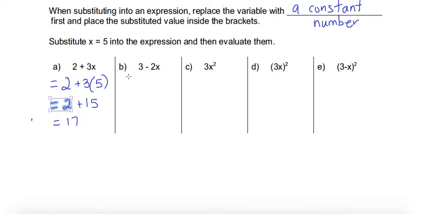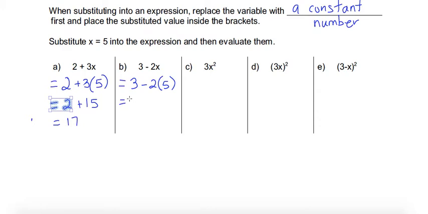The next example, 3 minus 2x. Same thing, we're going to plug in the value of 5 in for our x. So we have 3, take away 2, and because there's no operation between those, it's multiplication, so 2 times 5.